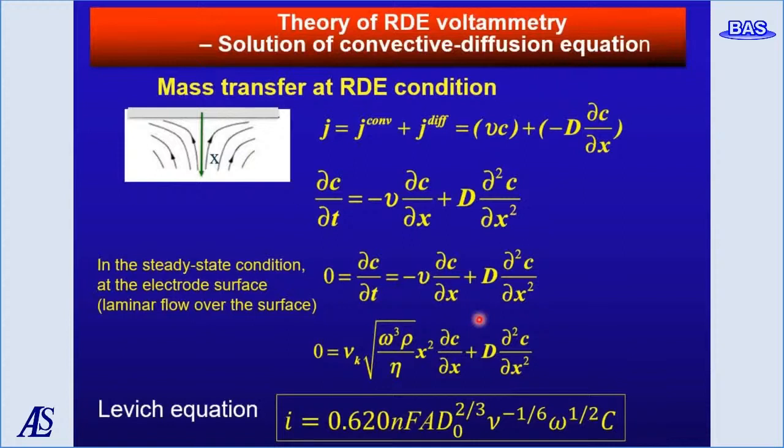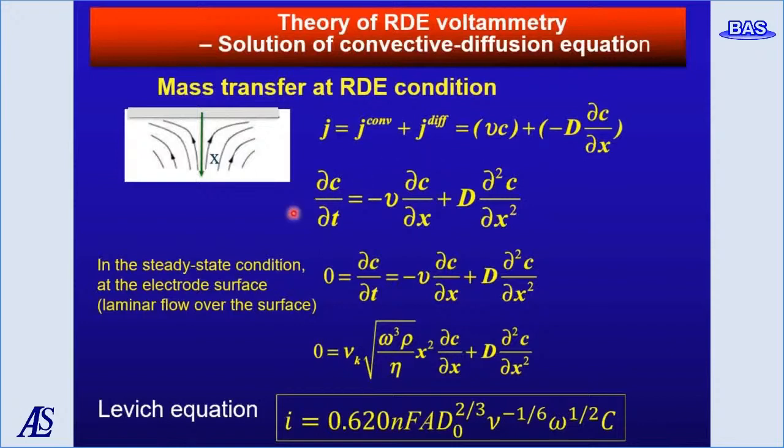By considering the mass transfer under rotating disk electrode conditions, the convective-diffusion equation provides the flux of the analyte, which gives the current at the electrode. Flux is composed of two terms. The first term is convection and fluid velocity, and the second term is diffusion.